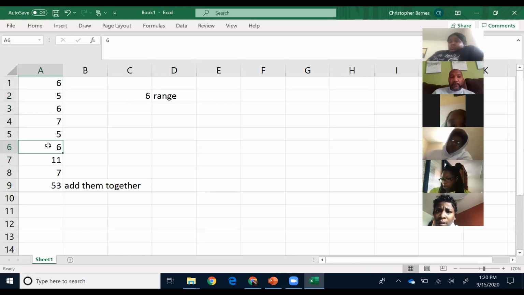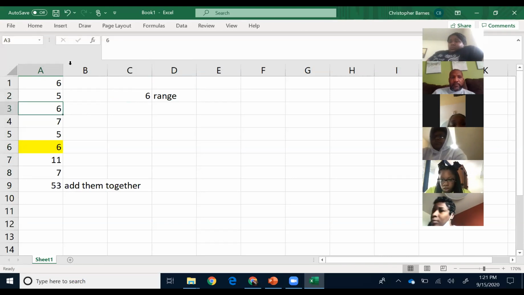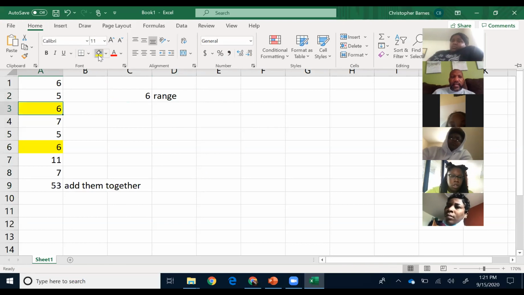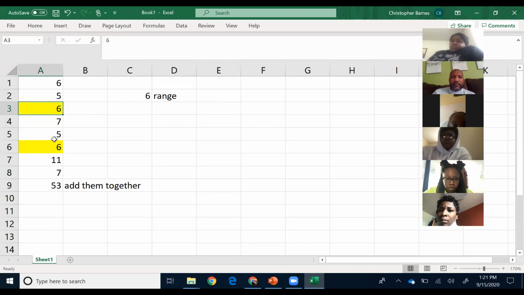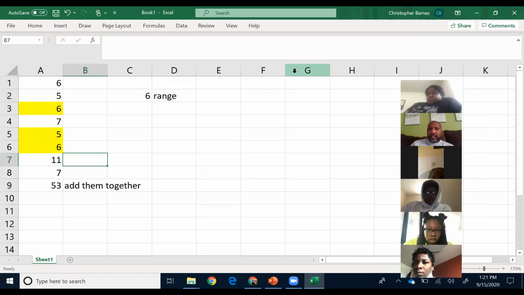I'm going to pick this one. Do you want us to put it in the chat? Yes, you can put your answer in the chat. I want you to pick the numbers you picked at random and also what your range is. These are the three that I picked, but I want all of you to list them. I'm going to write how I want them in the chat, so wait for me to type it in so we can all see the format.